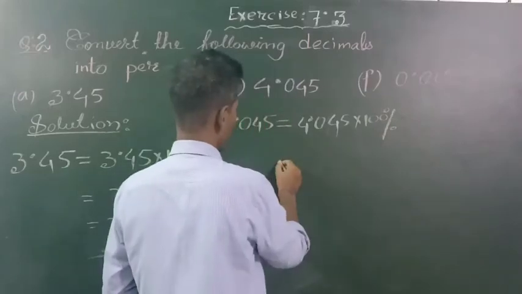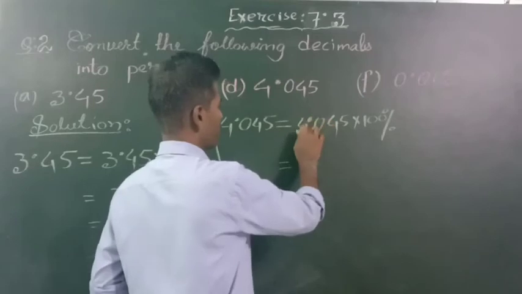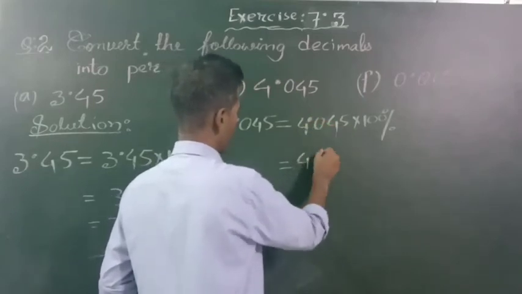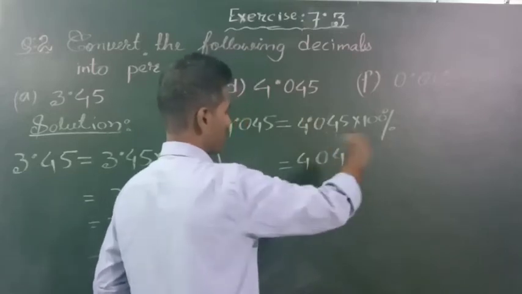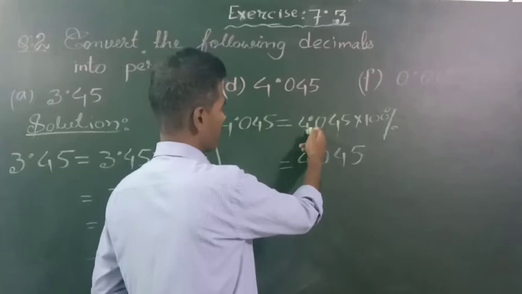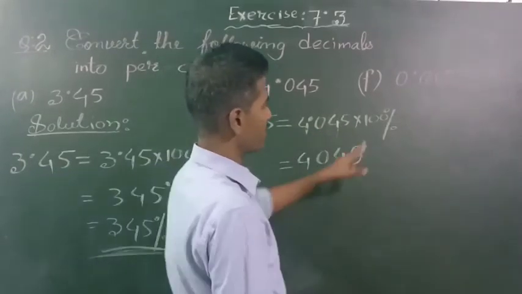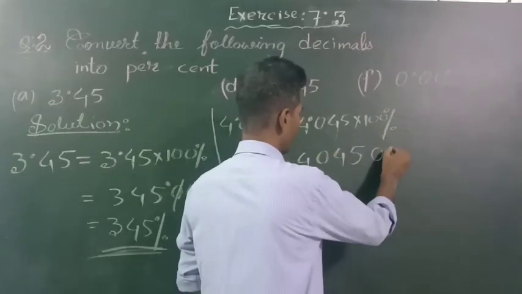Now in the following step, see what we have learned. Leaving the decimal, we'll write down 4045. Then in 100, how many zeros? 2 zeros. These 2 zeros also we write here, 10, 20.